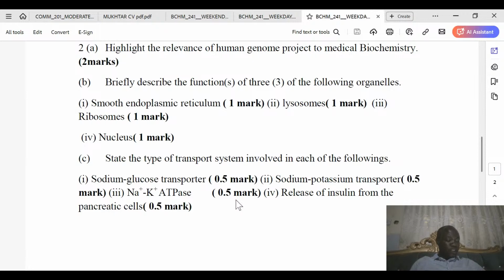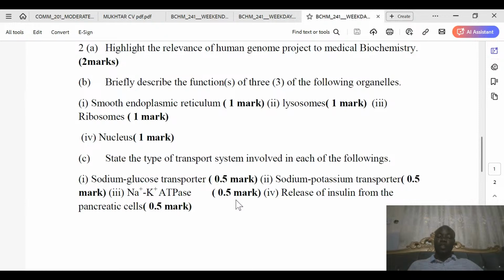So first, what you need to understand at this point is that the release of insulin from the pancreas is actually exocytosis. So the answer is exocytosis, because insulin is a protein and it is a very huge protein.